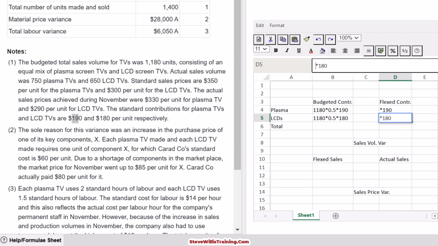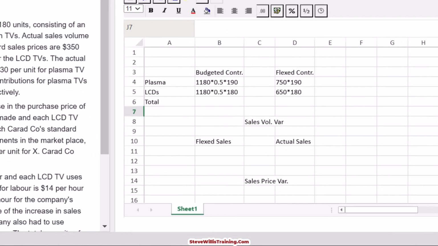If you remember a flexed budget, that tells us how much contribution we should earn based on our actual units produced and sold. So guys, do we have any actual units in here? We do. We've got 750 and 650. So I'm going to plug those in.